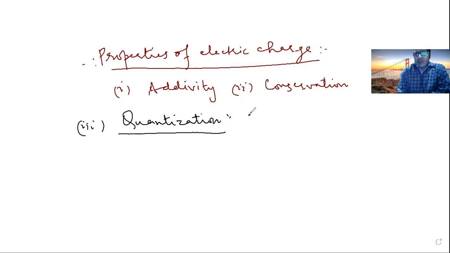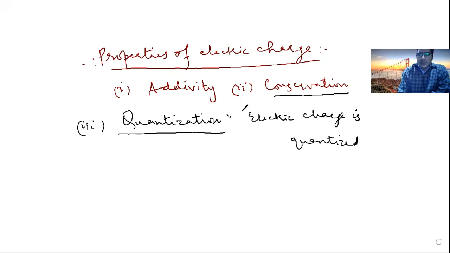Electric charge is quantized. Conservation means electric charge is conserved. Quantization means electric charge is quantized. What is the meaning of that?